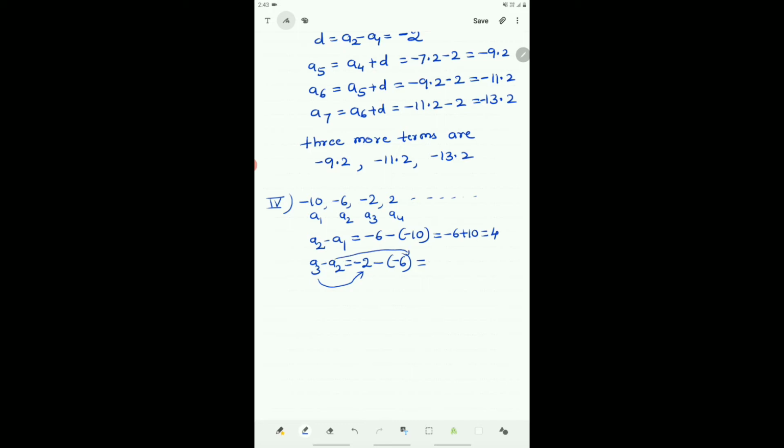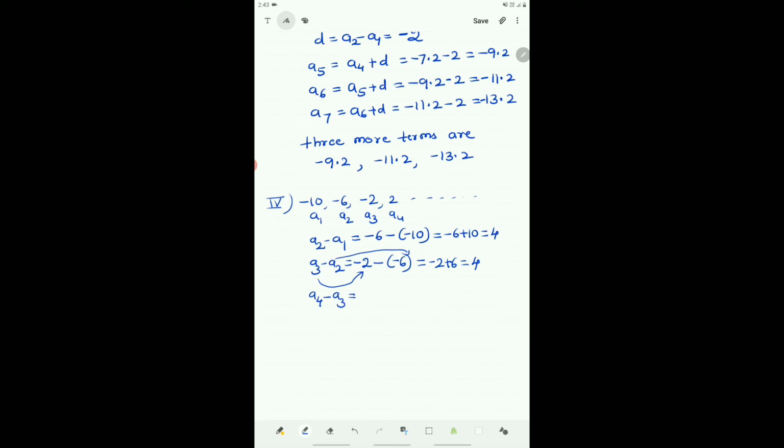So -2 minus of -6 is +6 it is. So it becomes 6 minus 2. Again it is 4. Then you take A4 minus A3.